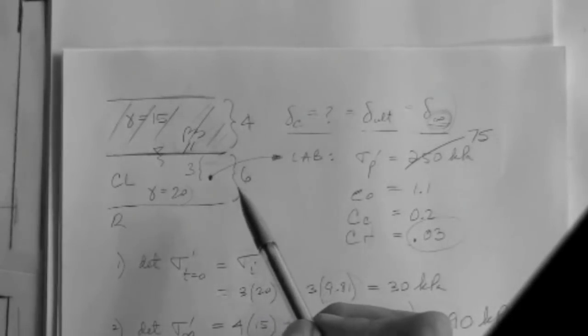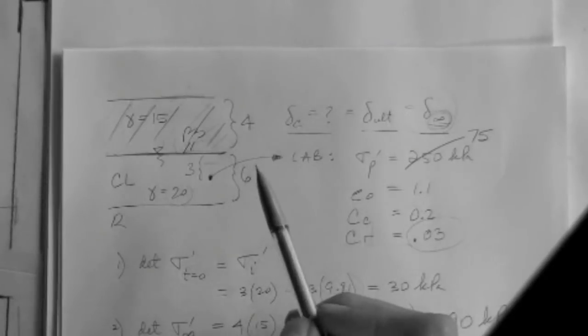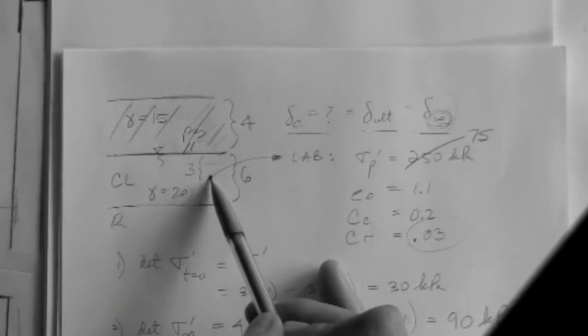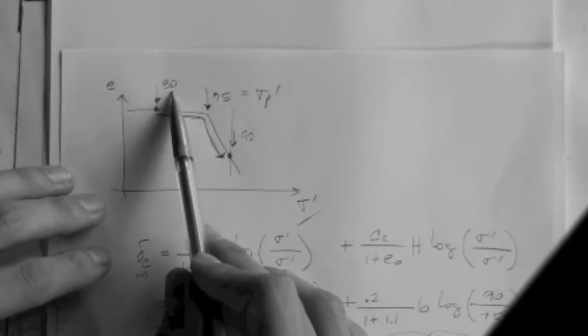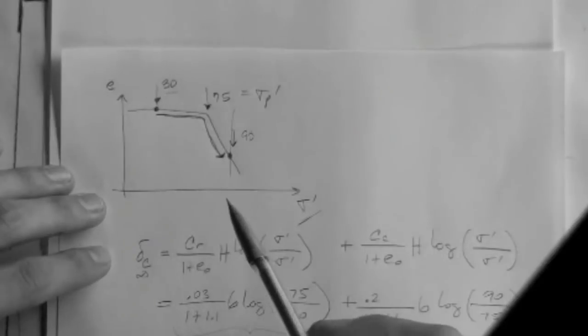It is important to quantify that relationship between the stress at a point at a given time relative to the maximum stress that that point has ever felt, meaning the particles' effective stress. So, in our example, 75 is the maximum and 30 is the stress at time equals 0.